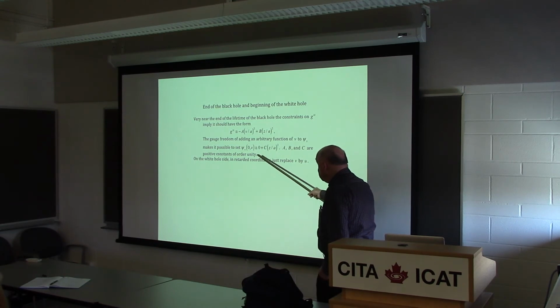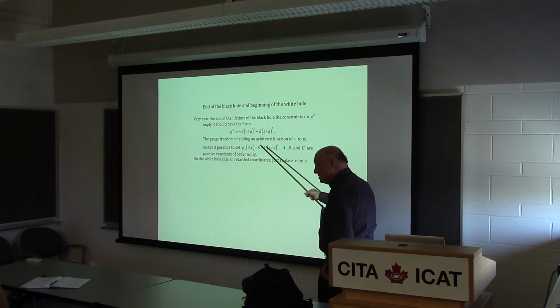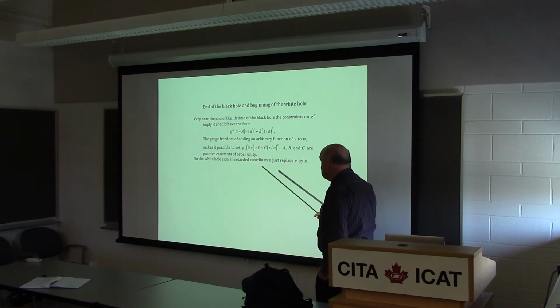Now for this psi sub v, you can use your freedom. You can change your scaling of the advanced time, if you're working in advanced coordinates, to be such that psi_v is 0 if z equals 0. It's just a gauge choice. It has no physical meaning.